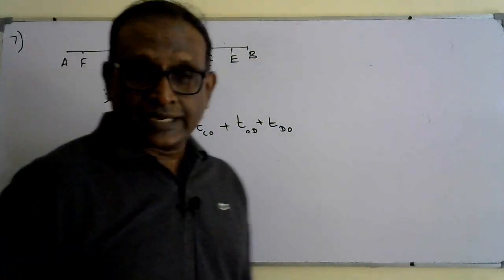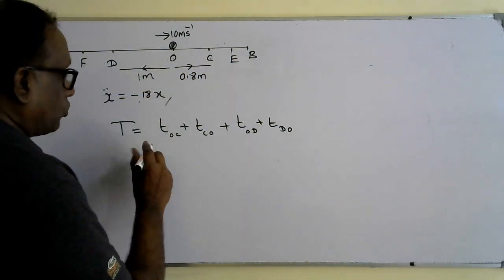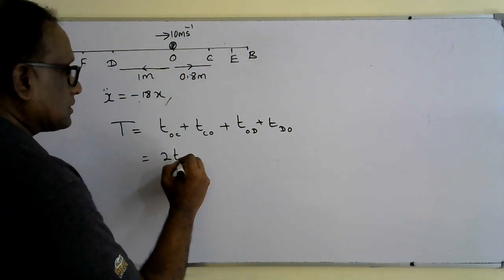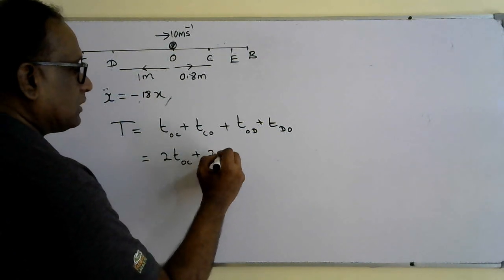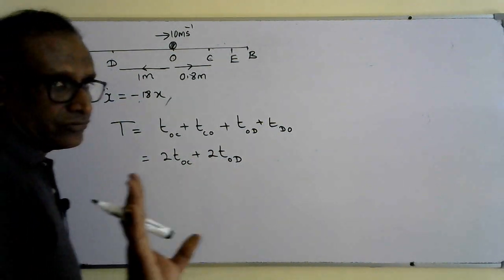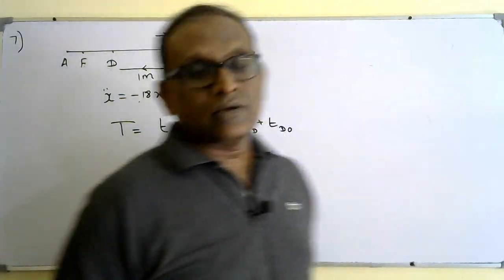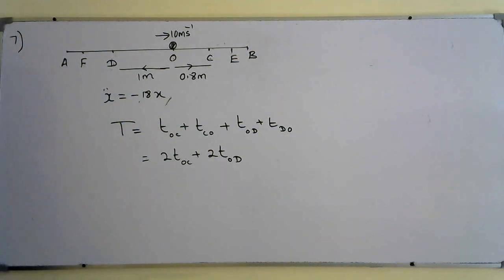This is the time we need to find. But the time taken to travel from O to C and C to O are the same. So it is 2 times OC plus 2 times OD. If we find it, that's the end of the question. Careful, because it is a bit tricky. You should think carefully and answer it.